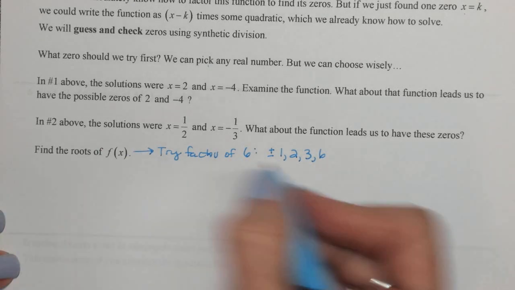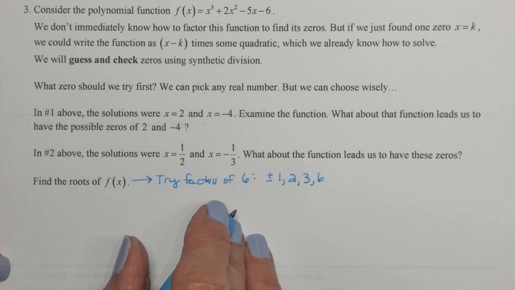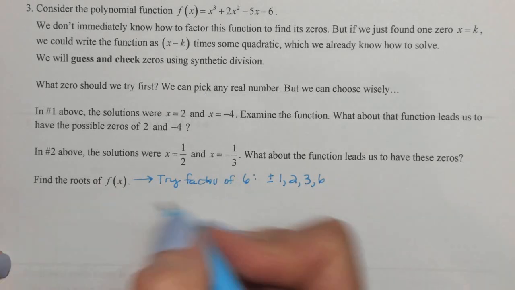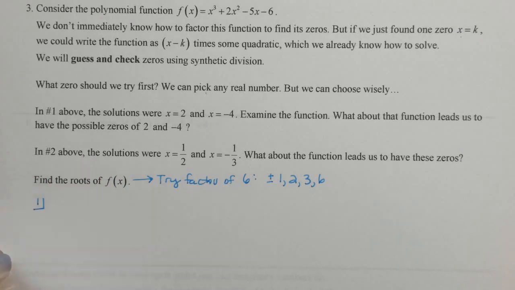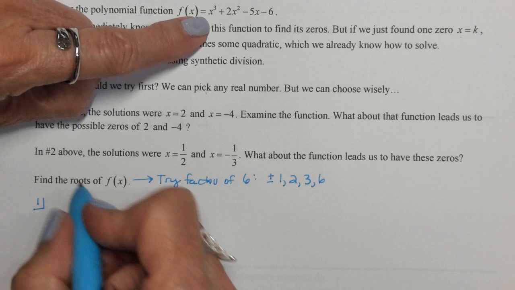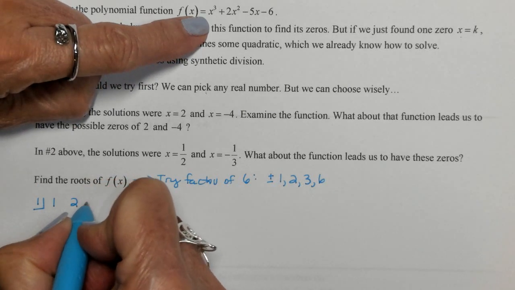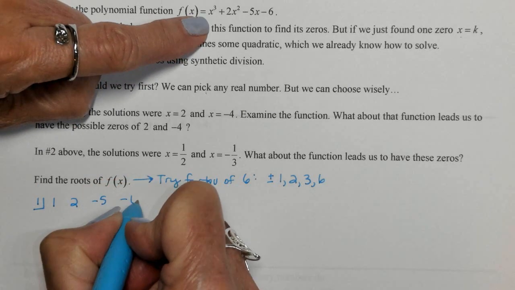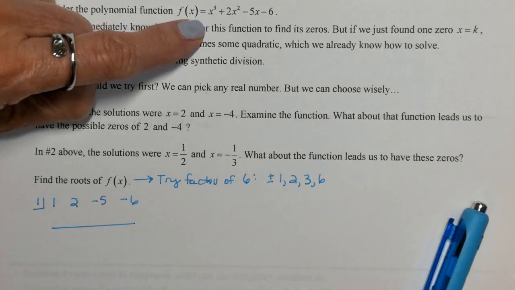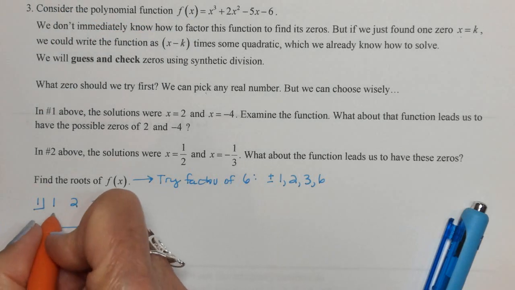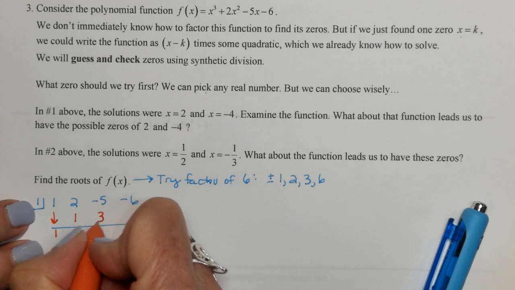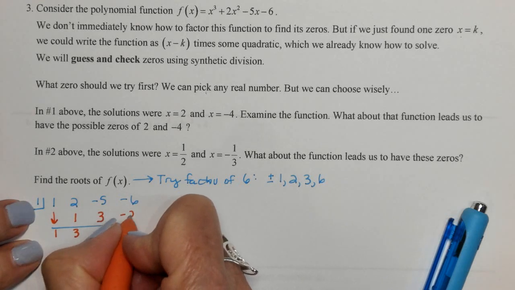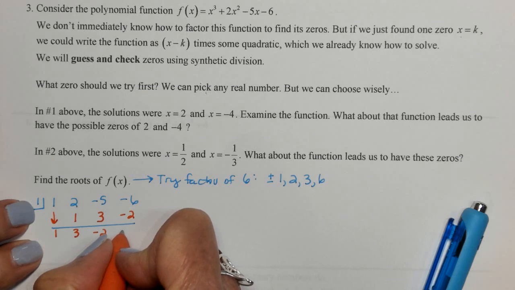Okay, so I'm going to pick the easiest one, and that's a 1. So I'm going to try 1, and I'm trying it with synthetic division. So I'm trying 1 as a possible 0. I'm going to put the coefficients here. And now we're going to do synthetic division. So I bring down the 1, multiply, add, multiply, add, multiply, and add.